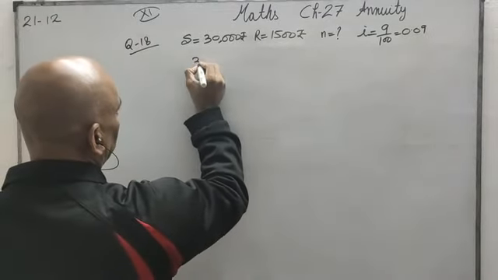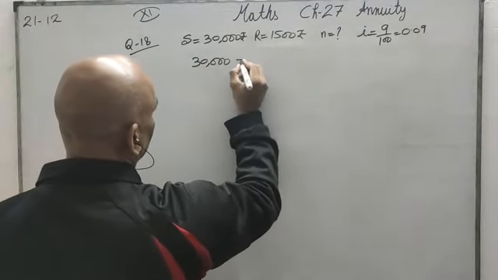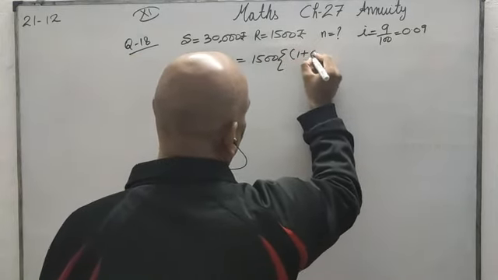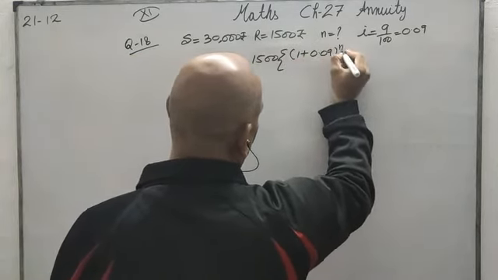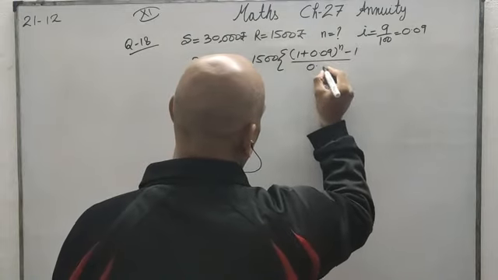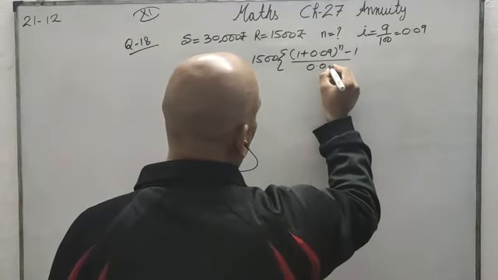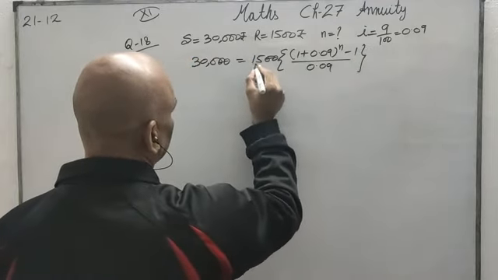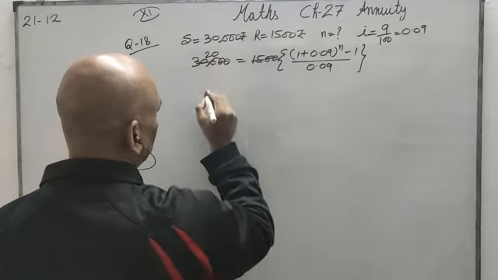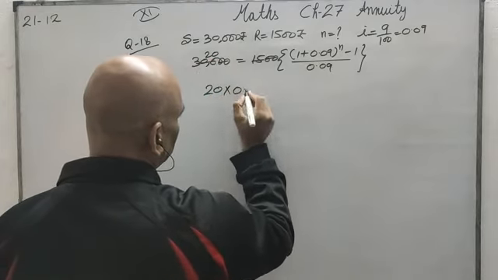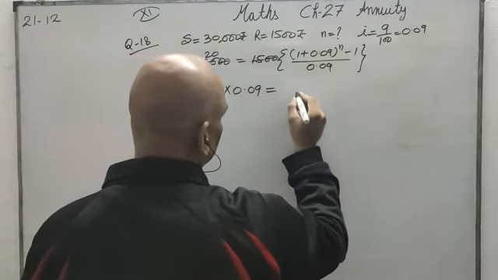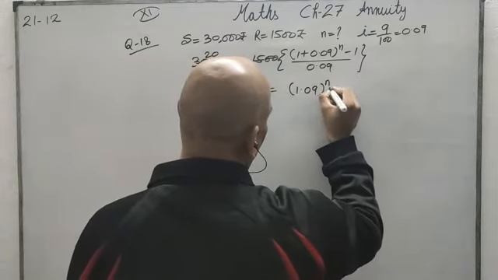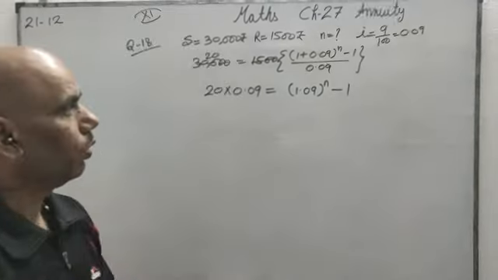So let us solve it. 30,000 is equal to 1500 times (1 plus 0.09) to the power n minus 1, upon 0.09. So this double zero will cancel this. 15 twos are 20 into 0.09 is equal to 1.09 to the power n minus 1.